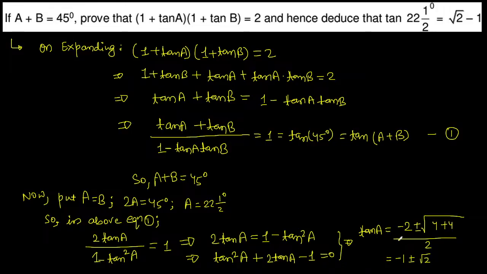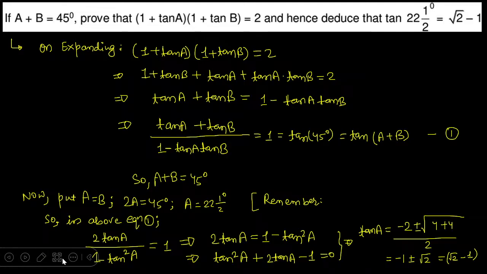Since A is an acute angle, tan of an acute angle is positive, so we can say it is root 2 minus 1. So we could find the value. We have to remember this value: tan 22.5 degrees is equal to root 2 minus 1. We have to remember this.